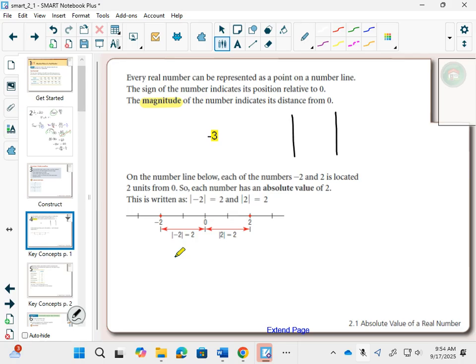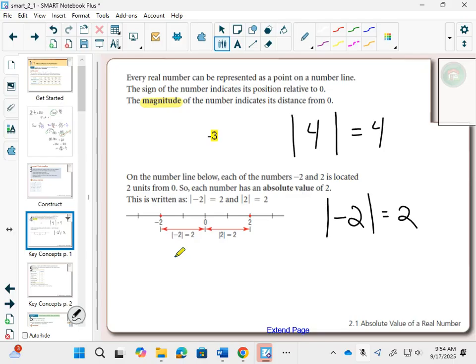So if I'm like, ooh, really tough question. How far is 4 from 0? It's 4 away. How far is negative 2 away from 0? It's 2 away. Not very hard. Okay?